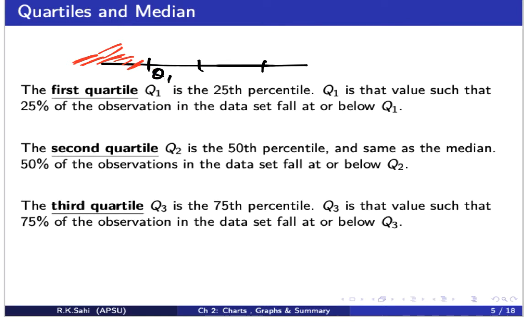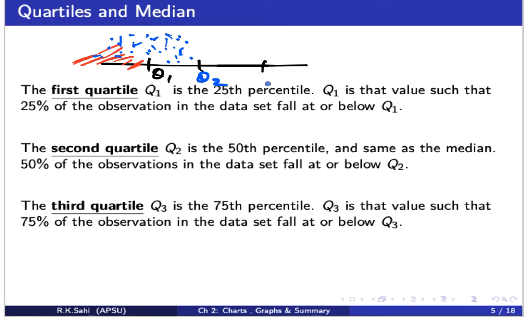Okay, what's Q2? Q2 says that 50% of the observations are less than or equal to Q2. Now, what's Q3?